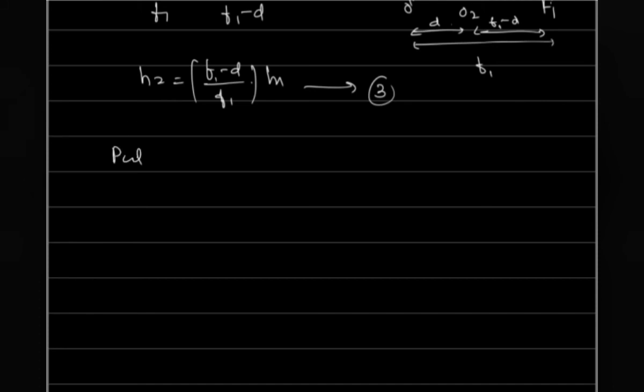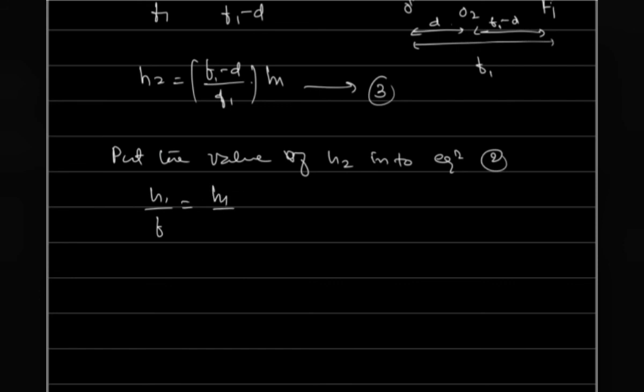Now substituting the value of h2 into equation 2, we'll get h1 divided by f equals h1 upon f1 plus f1 minus d divided by f1 into h1, divided by f2.